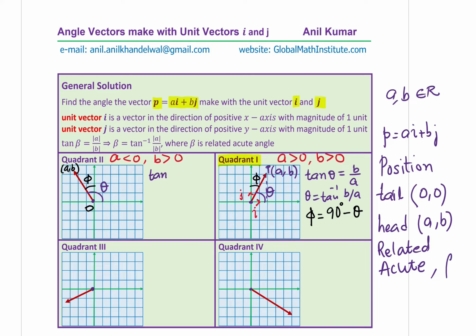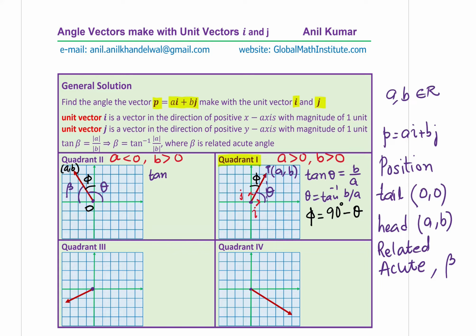Let's say this acute angle is beta. I hope you remember, in trigonometry also, whenever you want to find any angle, it is first better to find the related acute angle. We'll talk about this angle beta.